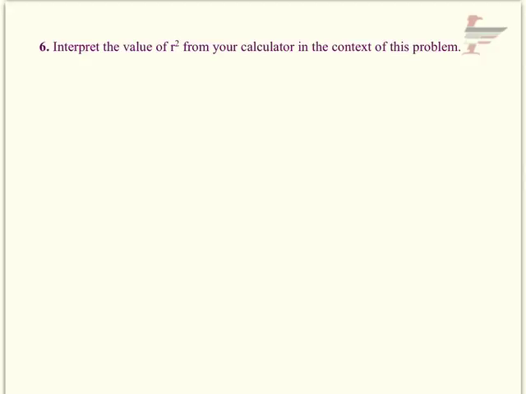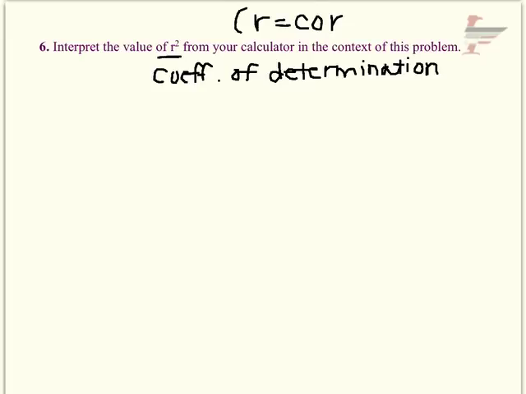Number 6 says, interpret the value of r squared from your calculator in context of this problem. Okay, so when you run to get r squared, and that is called the coefficient of determination, just to remind you, not to be confused with r. R is correlation. Okay, so they are obviously connected mathematically, but not to be confused between the two.